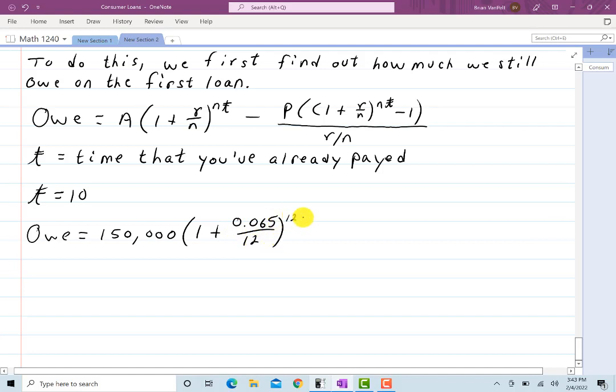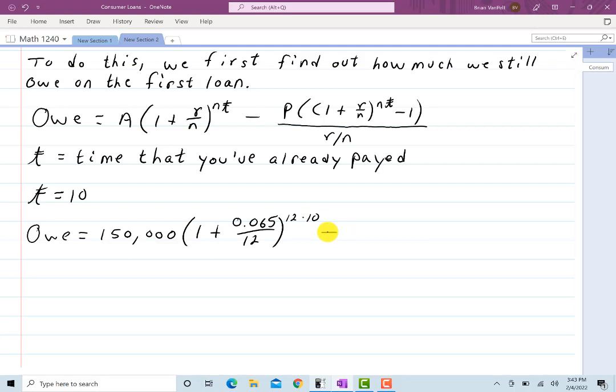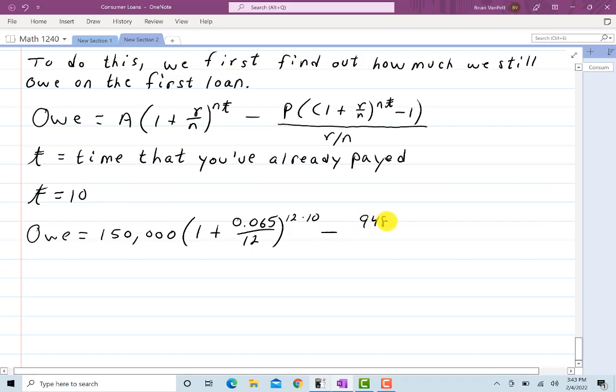And we paid 12 payments a year, so 12 monthly payments, but we've been paying for 10 years. And then the payment that we just figured out for that loan was $948.10. Then I'll have 1 plus 0.065 divided by 12, to the 12 times 10, minus 1, that ends that parenthesis.